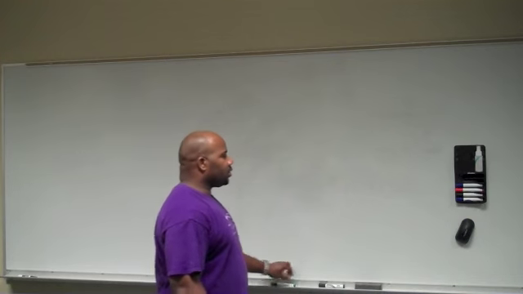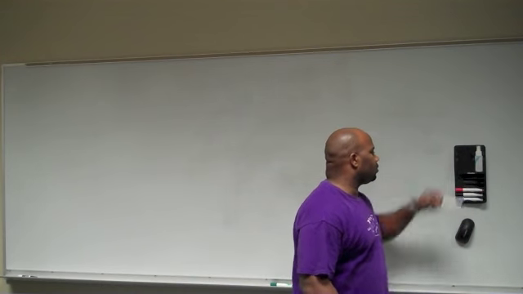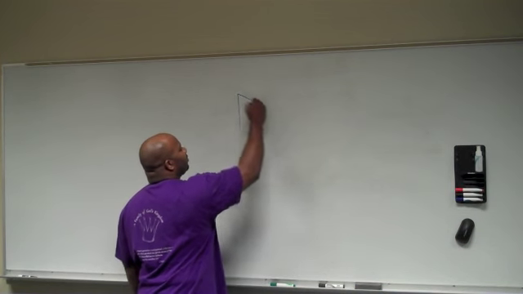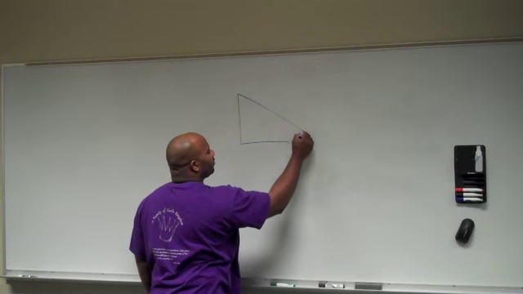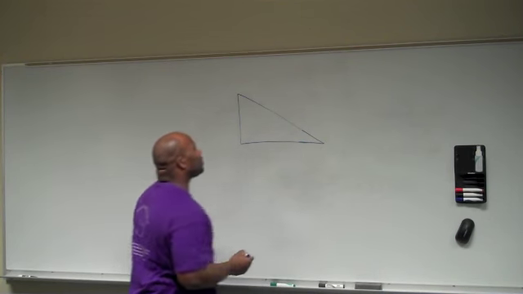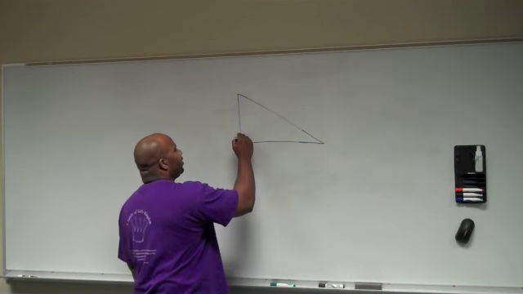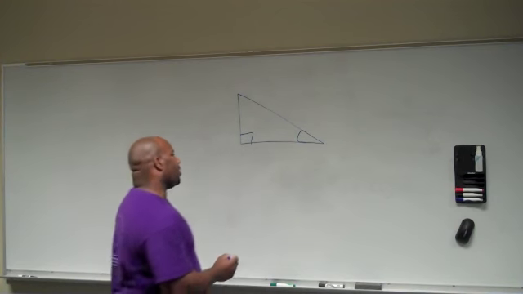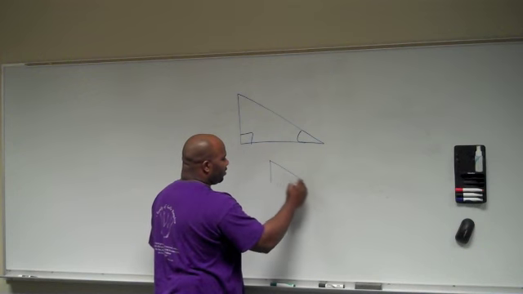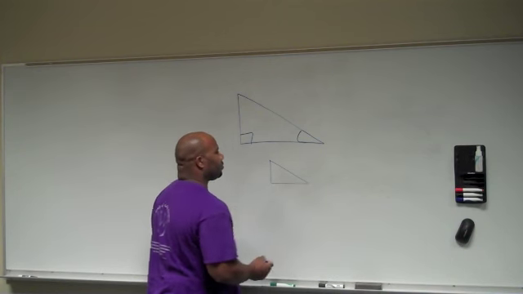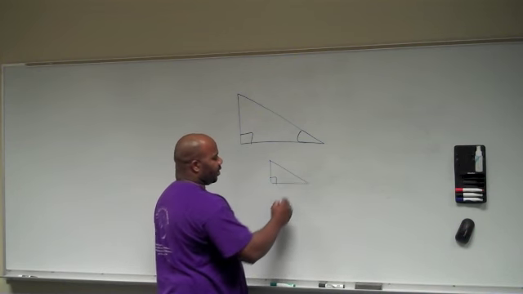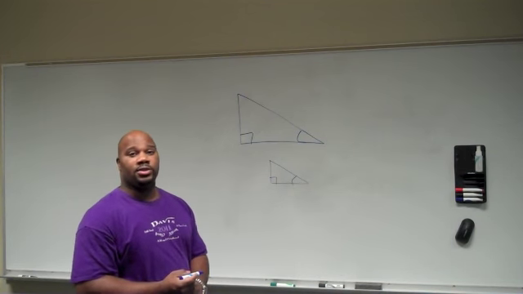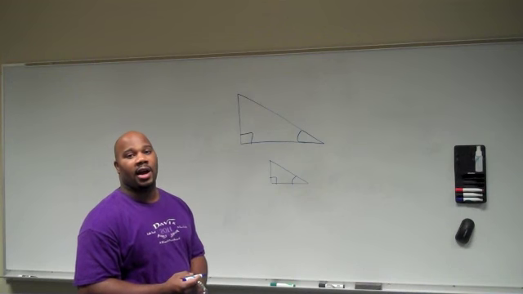So let's suppose we have a triangle that looks like that. We're given this angle and that angle. And we have another triangle, a wee bit smaller, but we're also given that angle and that angle. We can show that these two triangles are similar by angle.